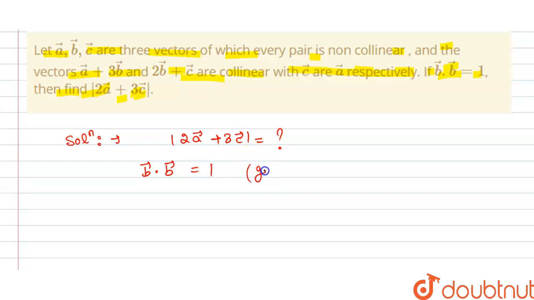Since a and b are non-collinear, they must be linearly independent. So we can write alpha a plus beta b equals 0, and these are linearly independent.